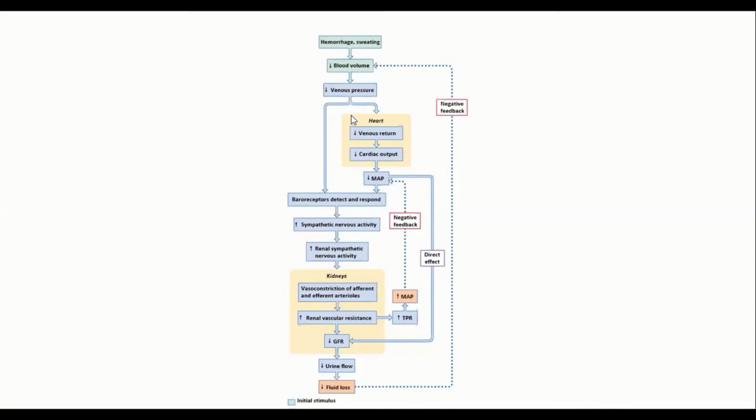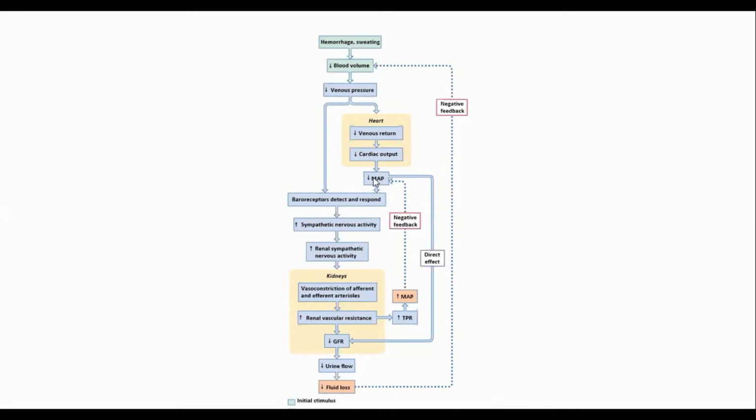But another thing we can see is that we do have some effects happening because of what happens in the heart. So as our venous pressure goes down, this means that venous return to the heart is going down. And since we have less blood in the heart, we have lower cardiac output. So we have lower mean arterial pressure. So part of that goes into this flow with the baroreceptors.